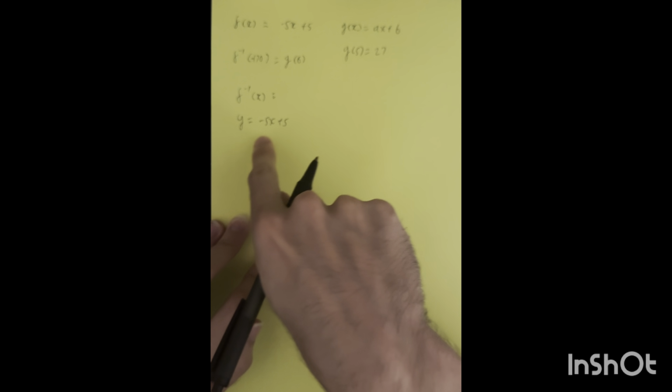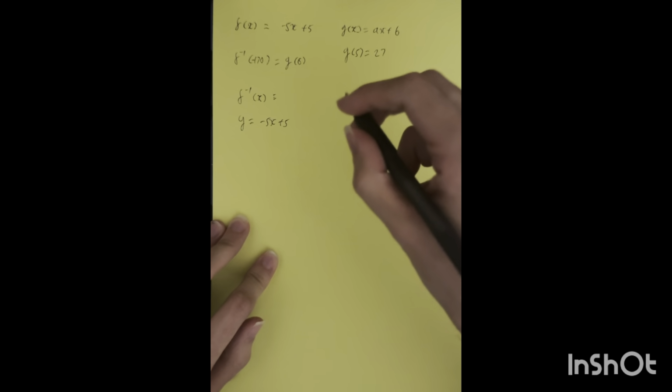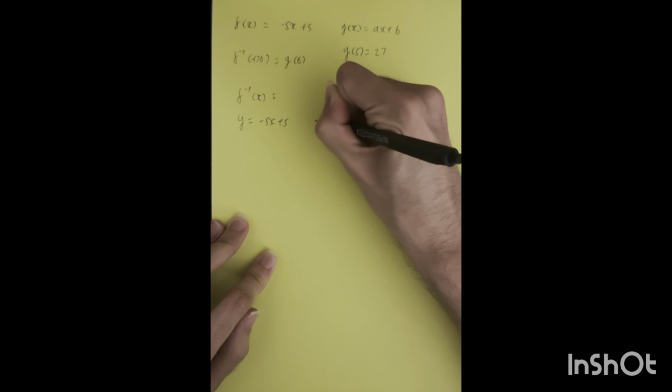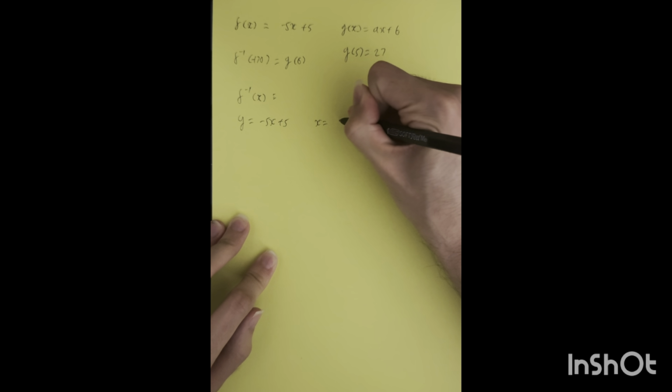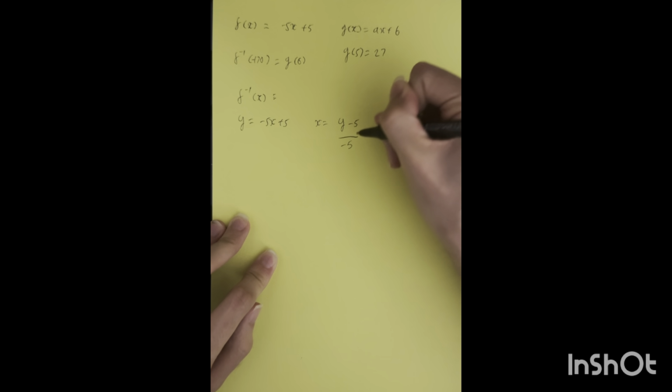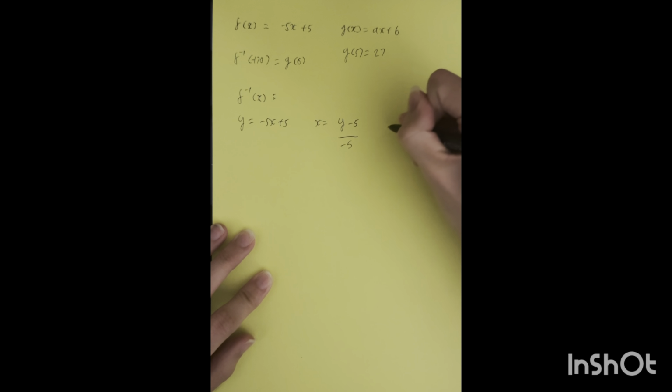If we rearrange for x to give the inverse, x equals y minus 5 divided by minus 5. Then we'll rewrite this as y equals x minus 5 over minus 5.